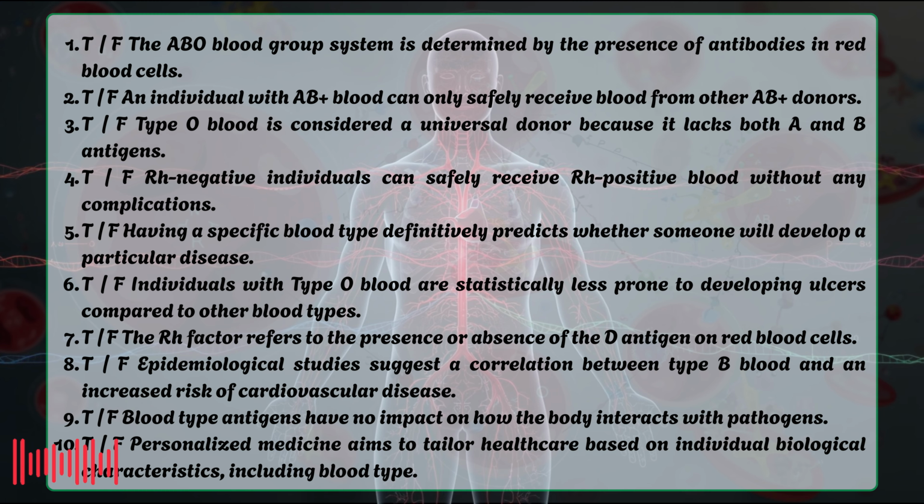Epidemiological studies suggest a correlation between type B blood and an increased risk of cardiovascular disease. 9. Blood type antigens have no impact on how the body interacts with pathogens. 10. Personalized medicine aims to tailor healthcare based on individual biological characteristics, including blood type.